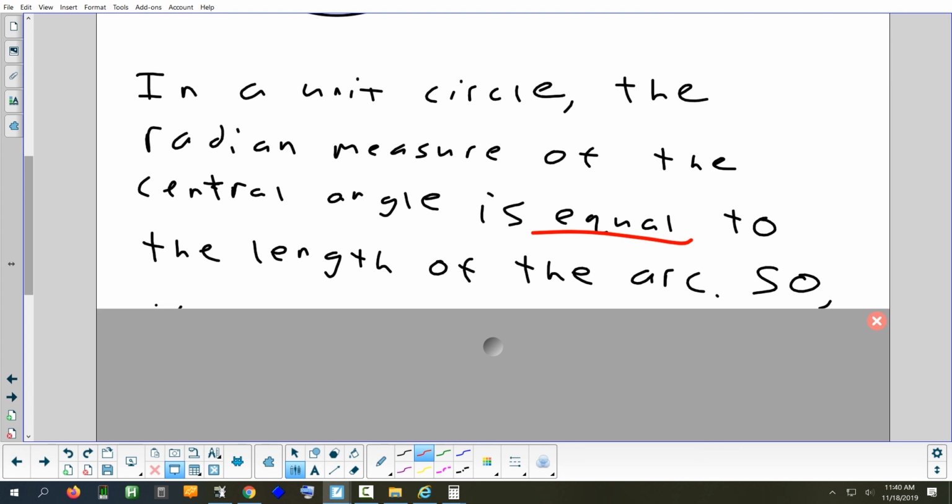Now, because they would come out the same, we can use that idea to figure out how many radians in a full circle.